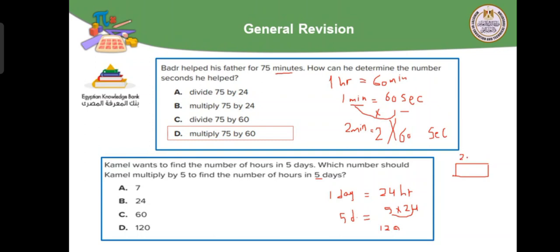Multiply by 5. So 20 by 5 equals 100. Then 4 by 5, 20. 20 plus 100, it will be 120.